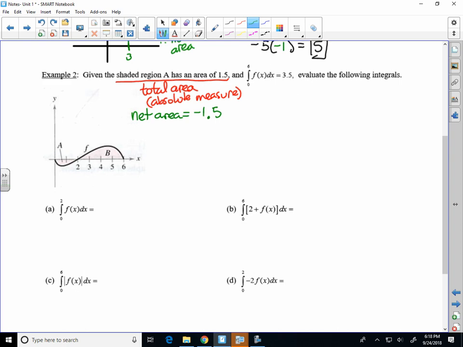So what's the big deal? You say, okay, cool, fun fact of the day. Why do we care about this? Well, the net area is what you get when you find a definite integral. That's the kind of calculation that gives you positive and negative areas. So this is the integral on 0 to 2 of my function f of x dx.